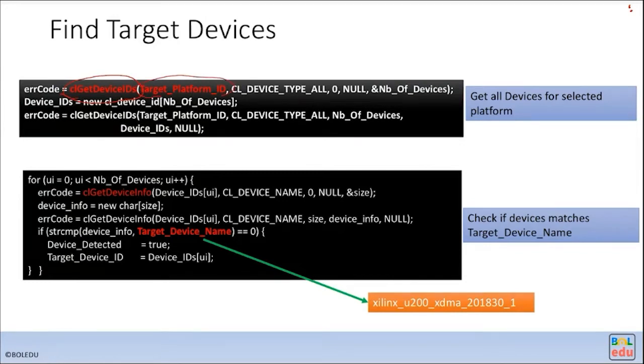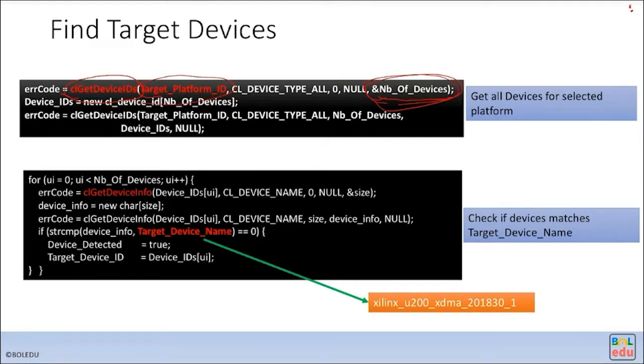You give the target platform ID, which is Xilinx, and then it searches the system for all of the FPGA devices and returns how many Xilinx FPGA devices it found, and then it creates the device objects.